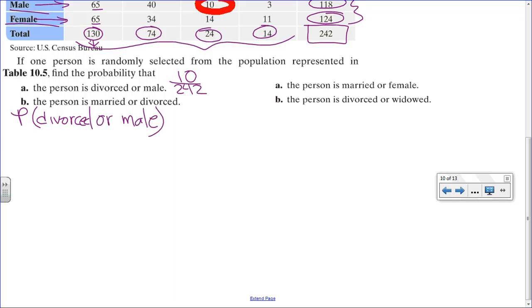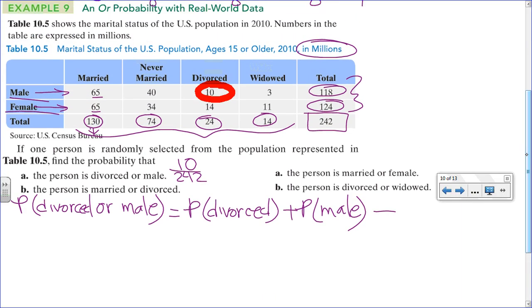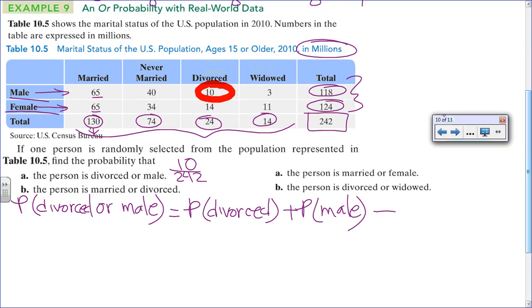I should be looking for a person who is divorced. What's the probability of a person to be male? And of course, we need to subtract that intersection where they're both divorced and male.